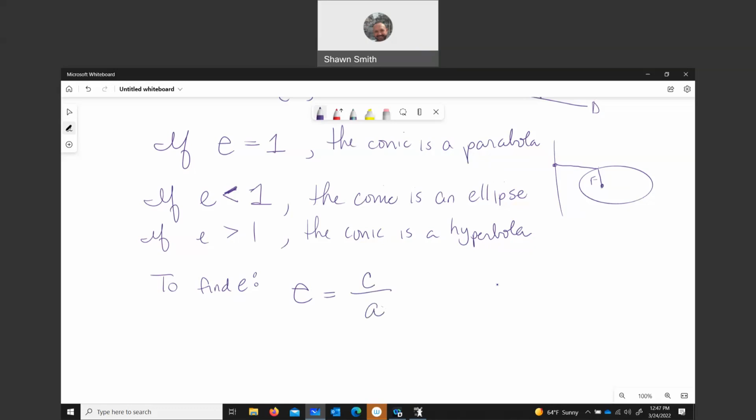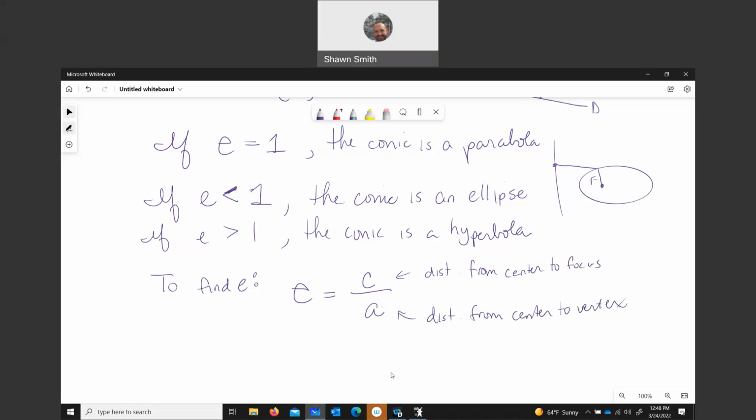So just c over a. And so really nothing too new, right? We already know a and c. Just find their ratio, and now you have e.